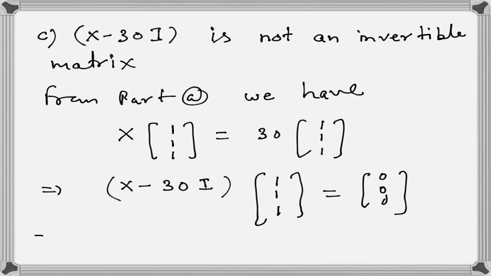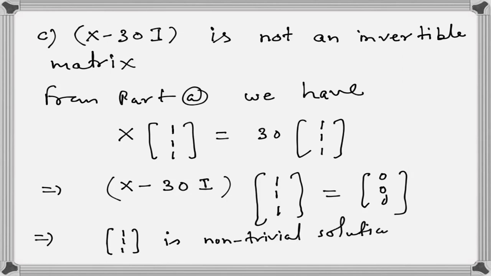Okay, this implies (1,1,1) is a non-trivial solution of (X − 30I)Y = 0.